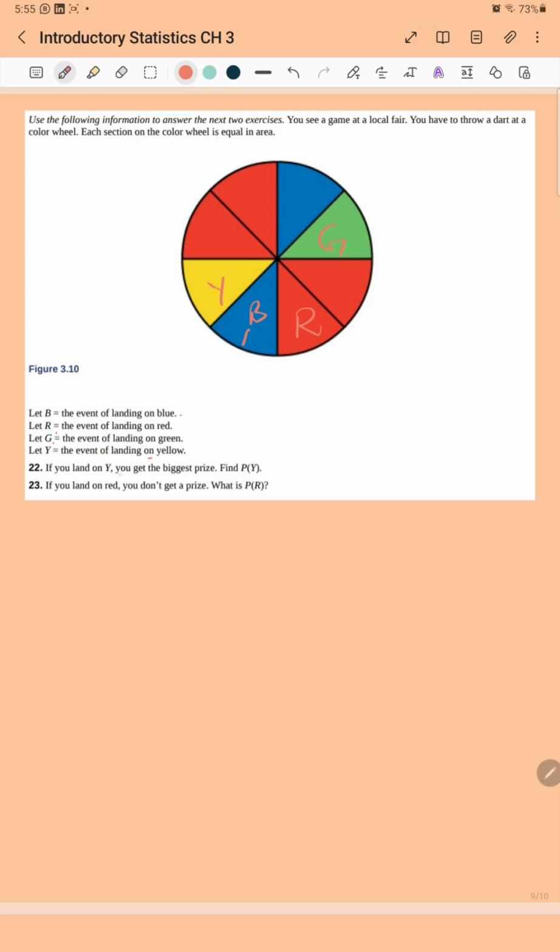If you land on Y, you get the biggest prize. Find the probability of Y. So the total sections are 1 2 3 4 5 6 7 8. So the probability of Y will be 1 over 8.